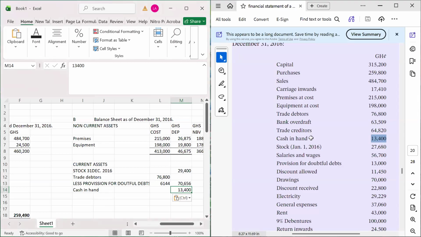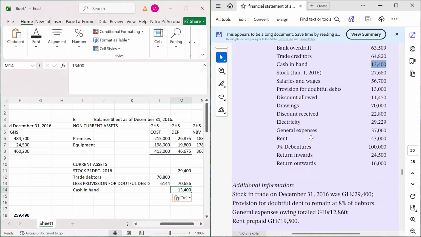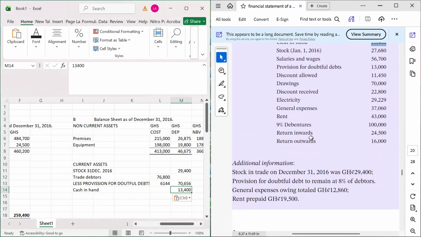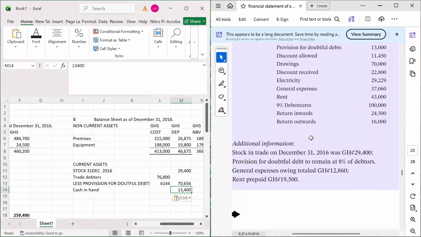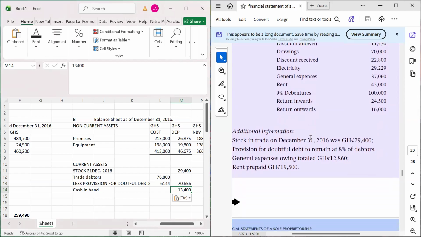Any other thing? Yes. We have prepayments. When we make prepayment of this, it's our money that is there.